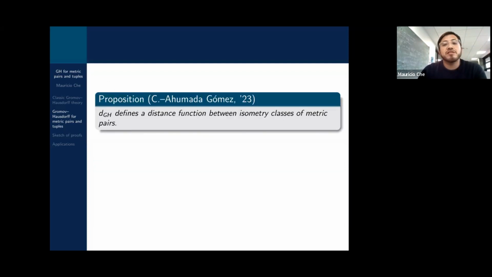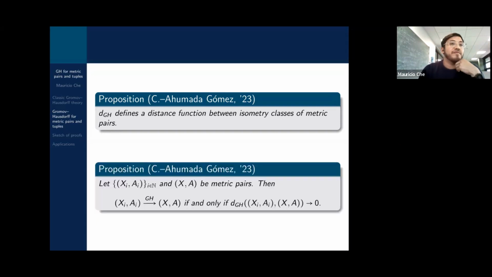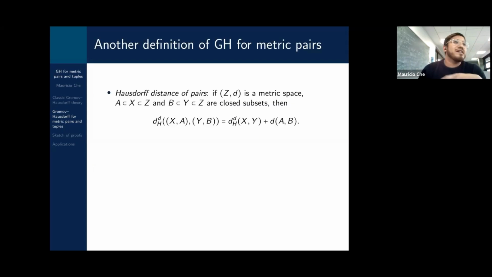This defines a function between isometry classes of metric pairs. This distance metrizes the convergence. And we also try to approach this idea of convergence in an analogous way as we did in the pointed case.